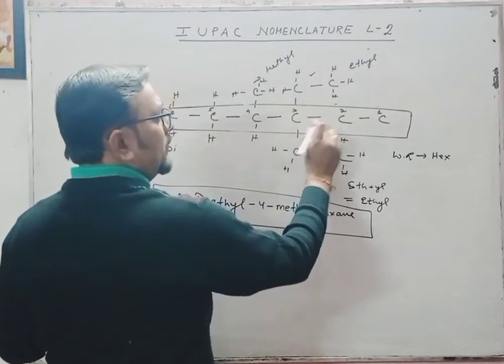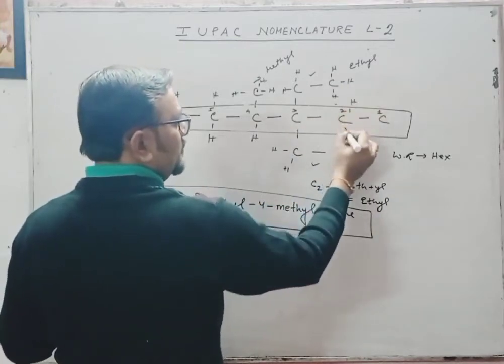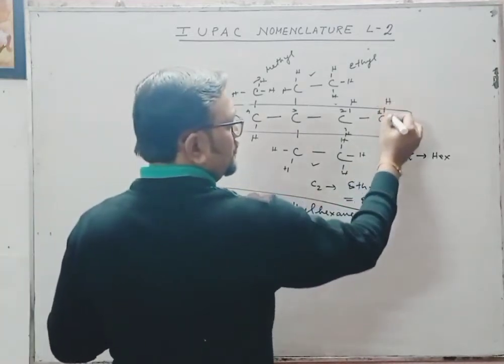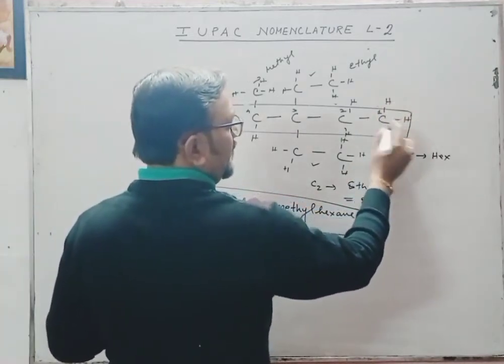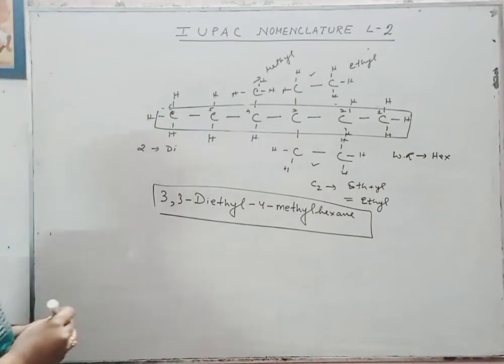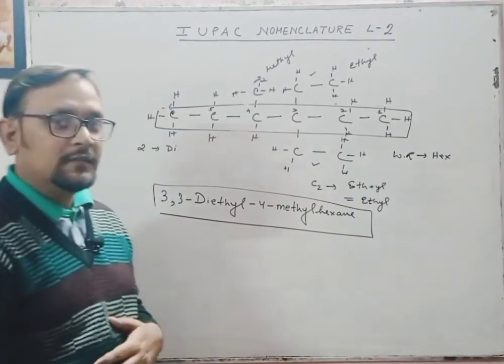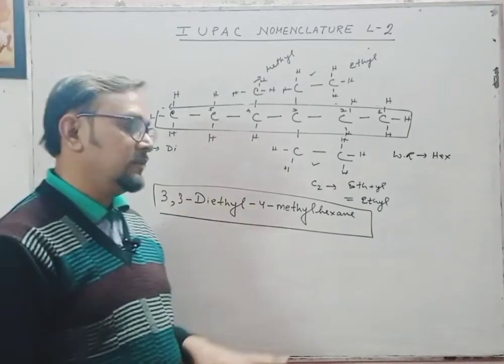Okay. So 1, 2 already given, 2 more hydrogen I will place here. Here 1, 2, 3 and already one bond is present. So finally you complete the structure and we end it like this.